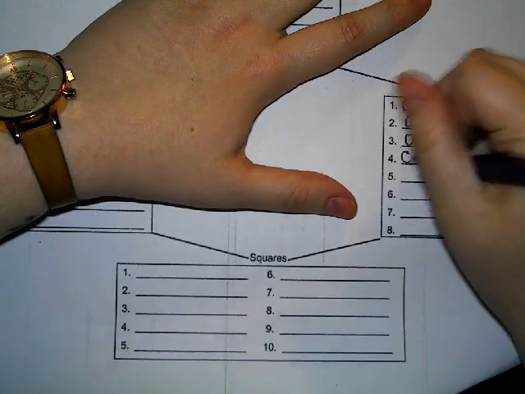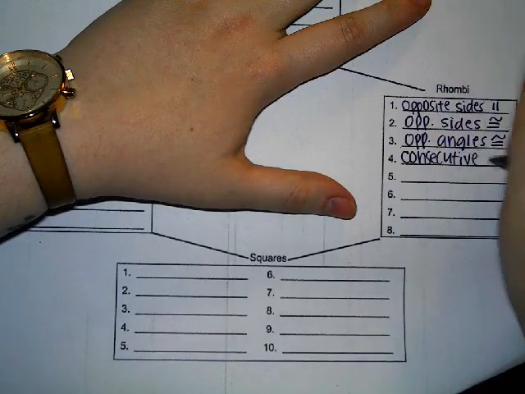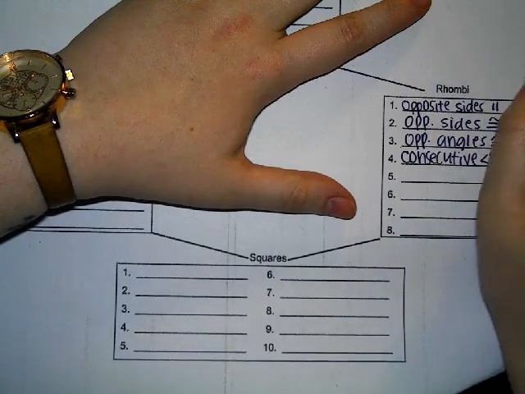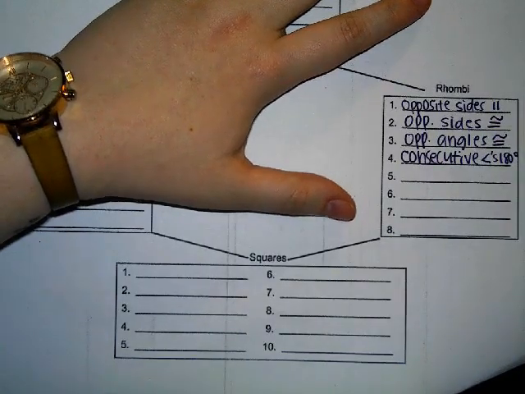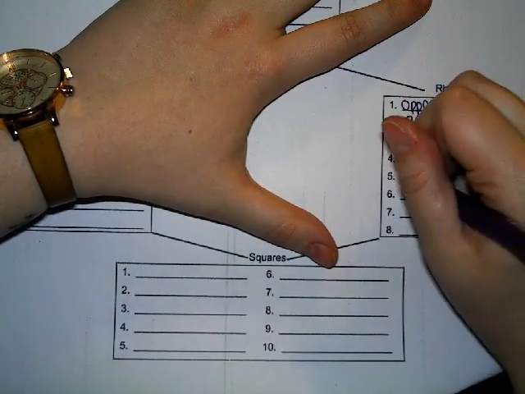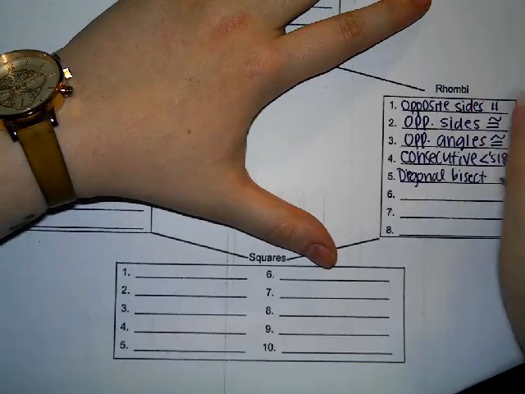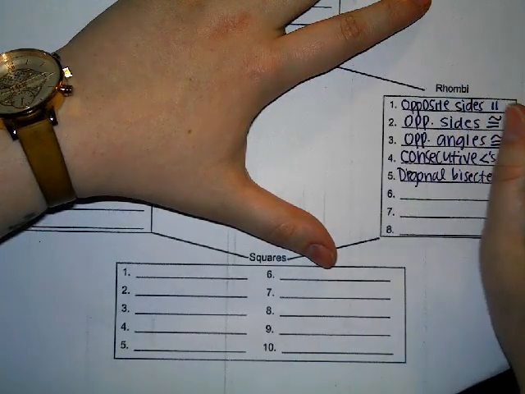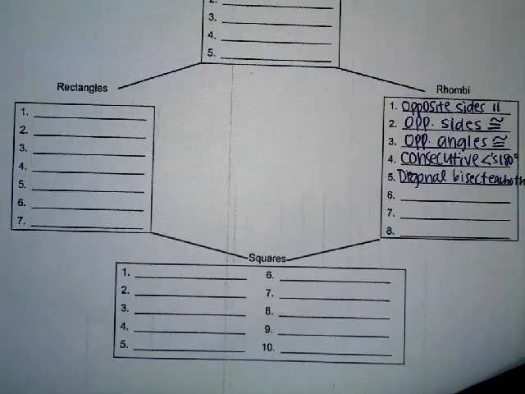I've got consecutive, that means same side, angles are supplementary, or 180 degrees. I've got my diagonals bisecting each other. Ran out of space, but that's okay. These were the same as a parallelogram, and these were the beginning parts of a rectangle.